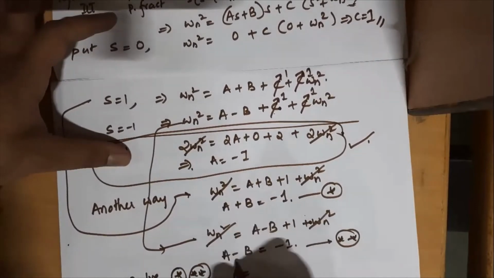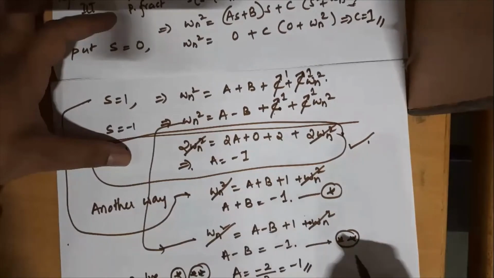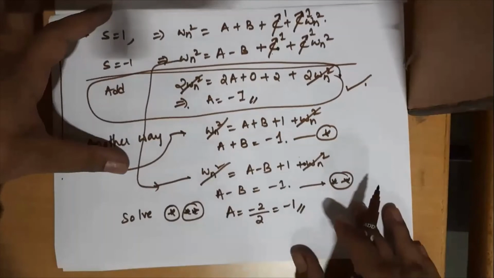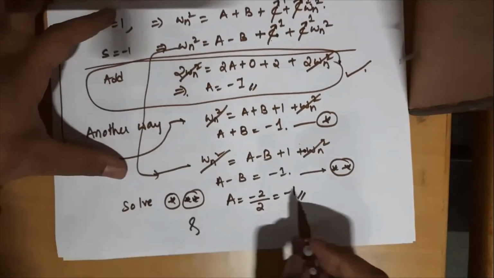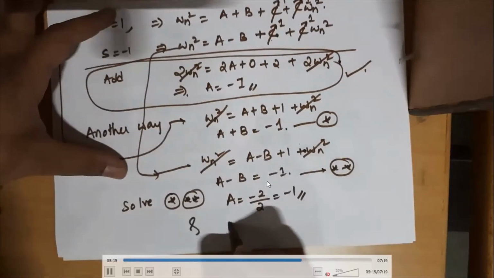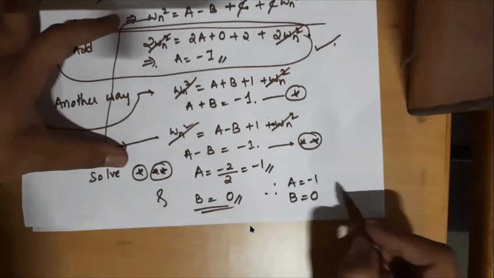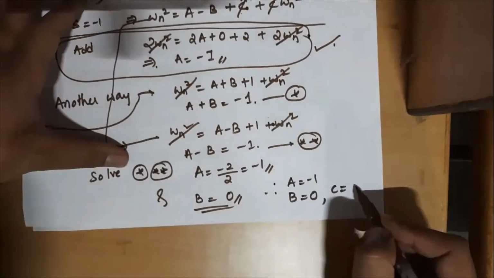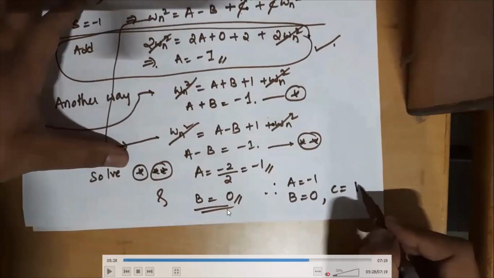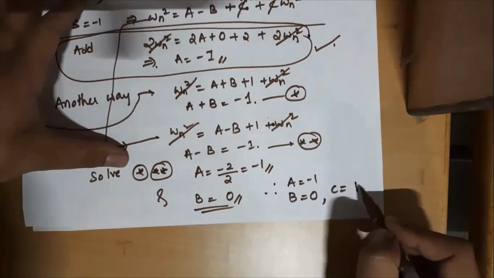Solving star and double star, we get a equal to minus 1, which is the same as the previous solution. And when a is minus 1, you can substitute that value anywhere here. You will get b equal to 0. So a equal to minus 1, b equal to 0, c equal to 1.